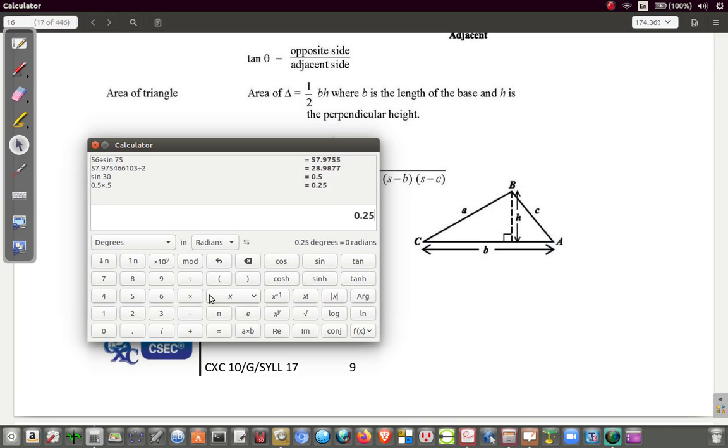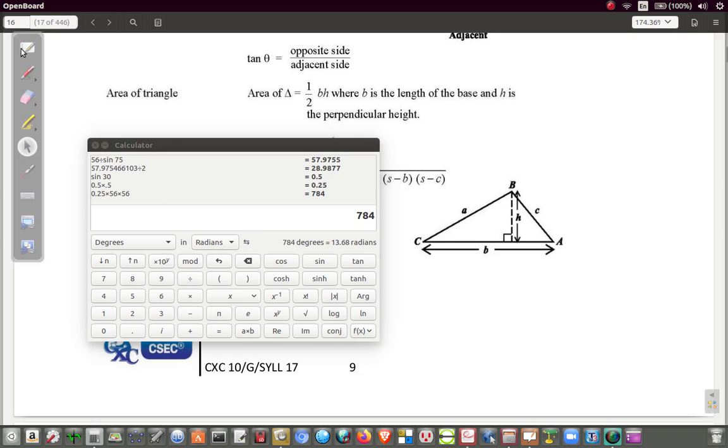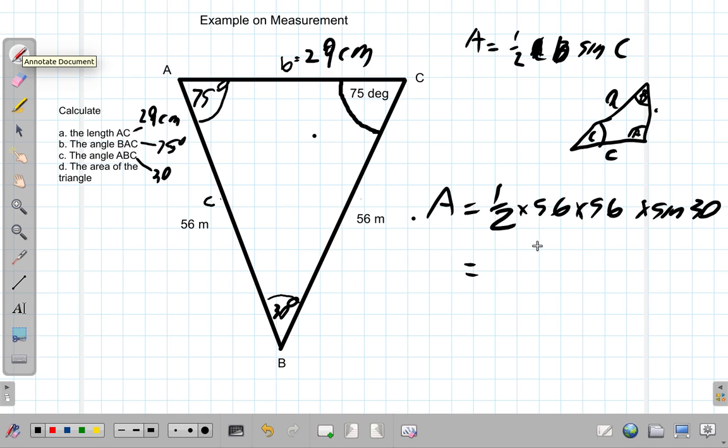So times 56 times 56 equals 784. So the area of the triangle is 784 centimeters squared. Write that down, 784. Alright, good.